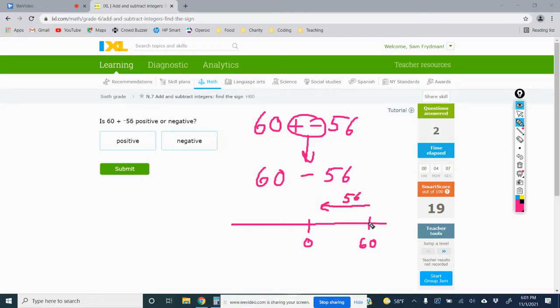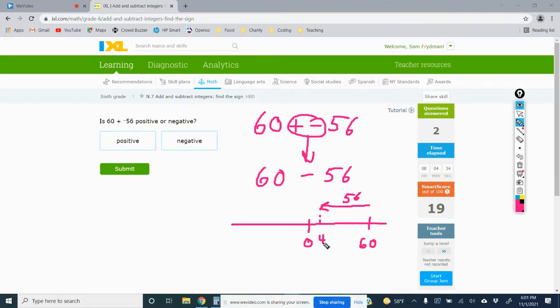If I start at 60, it would take 60 spaces to get back to 0. And then if I did 61 or 62 or more spaces, then I would be in negative territory. But if I start at 60 and I only move to the left 56 spaces, that's not going to be enough to pass 0. I would still be here in positive territory, right? That would be positive 4.